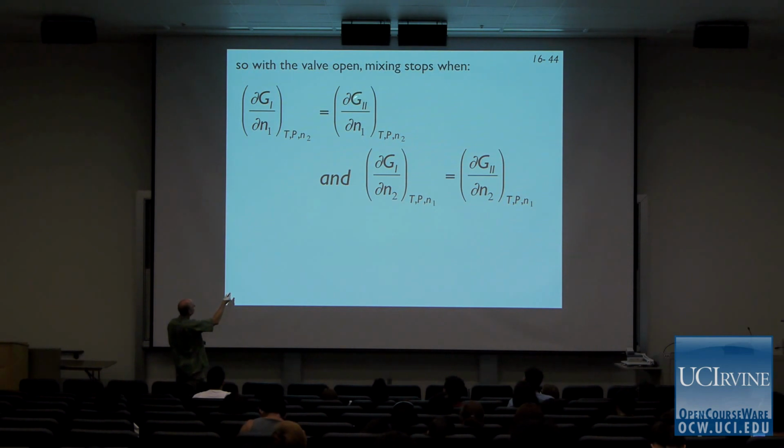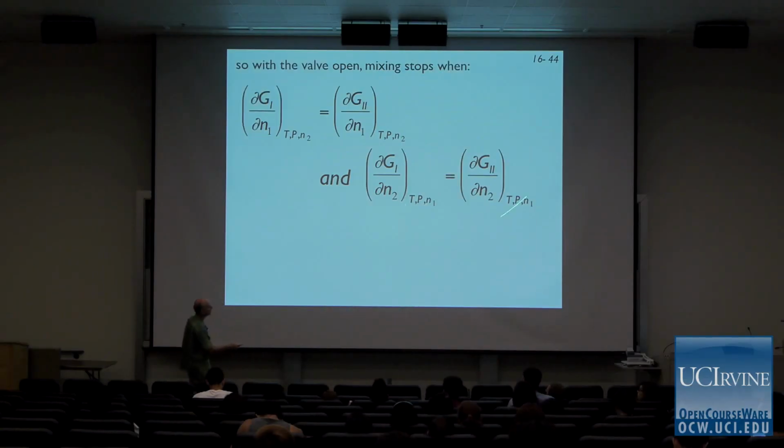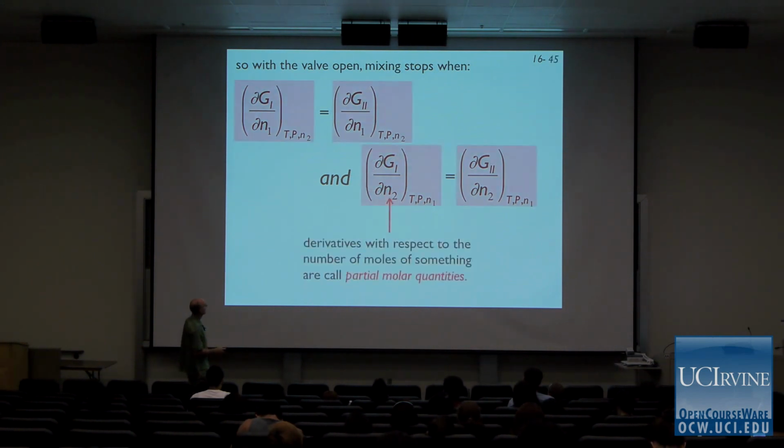The derivative of the Gibbs function with respect to hydrogen has to be the same on the two sides. The same thing has to be true for deuterium before we're at equilibrium. So this thing is somehow important.